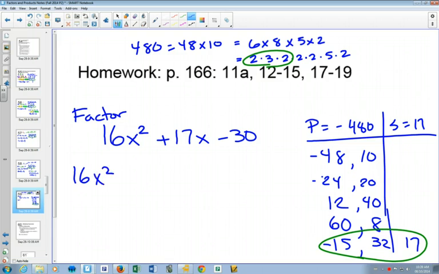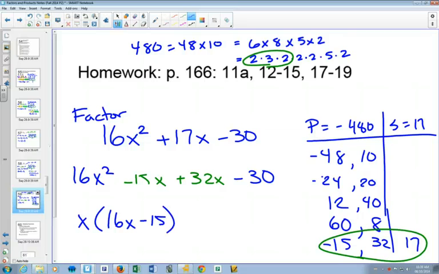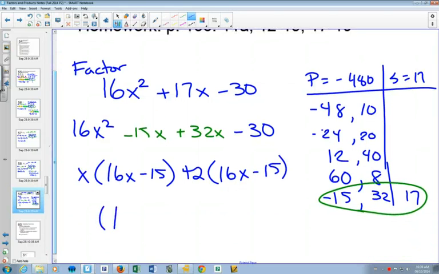And so now I can write 16x squared minus 15x plus 32x minus 30. And I can factor out an x out of the first two, 2 out of the next two. Look at that. So this one factored completely is 16x minus 15 times x plus 2.